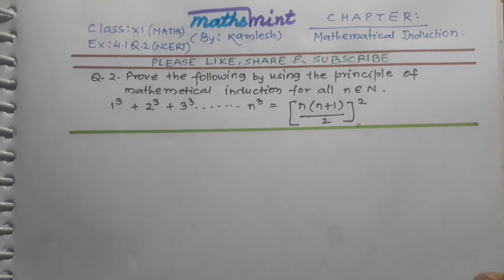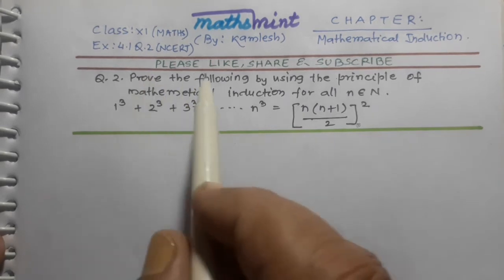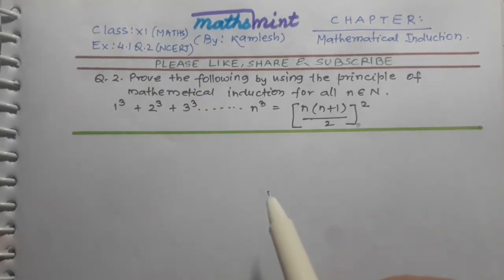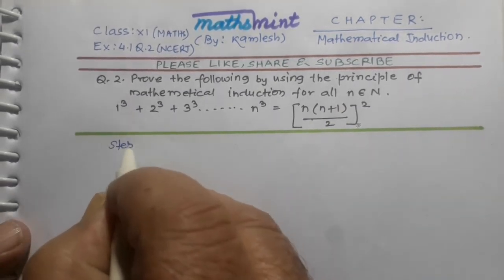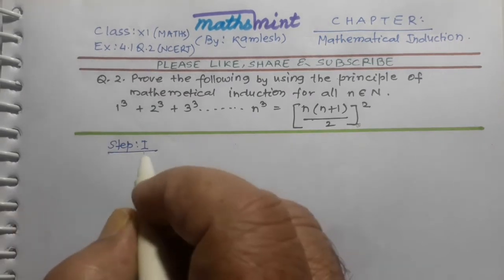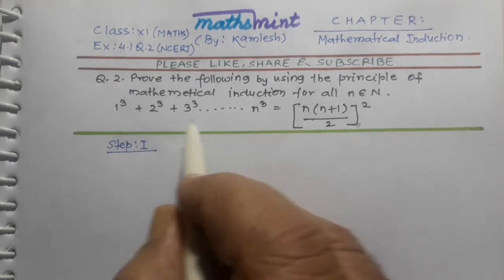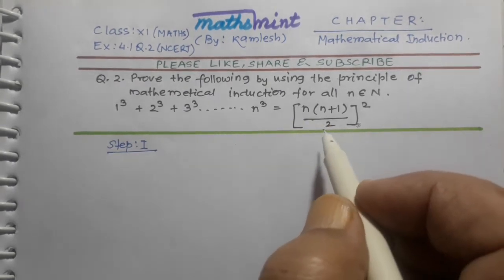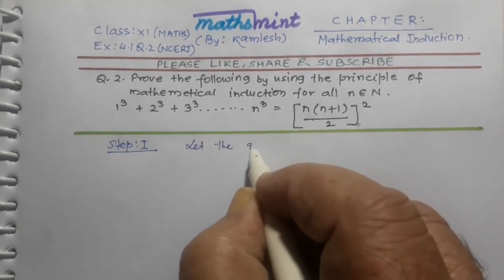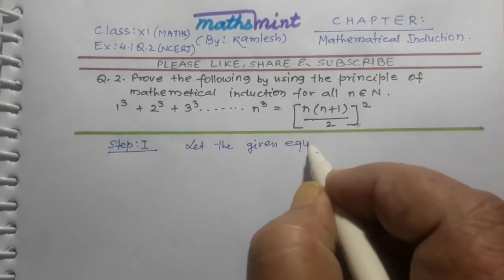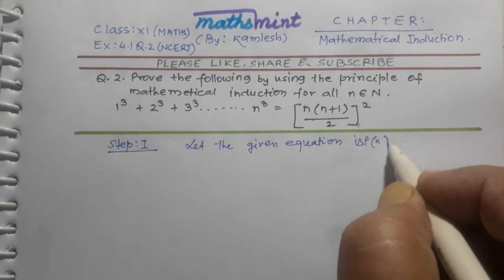Like the solution of the last question in the last video, for question number 1, the same pattern we shall follow in this question also, and the question will be solved in 4 steps. The first step is to write this equation in the form of P of n. So we shall write: let the given equation be Pn, right?